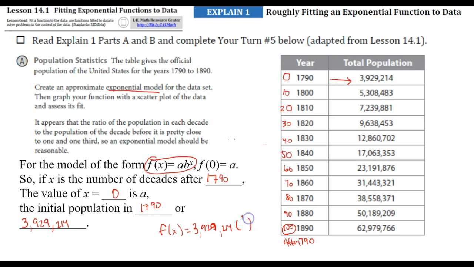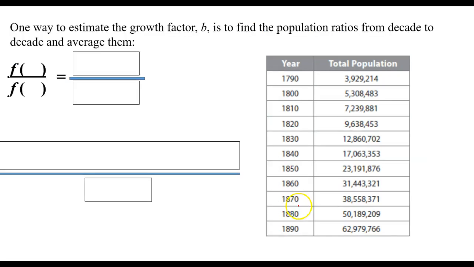And now all we have to do is find our b value, which is how much it's growing. There's a way in the textbook that they go over how to find this. They say one way to estimate growth factor b, which is what we need to finish out our model, is to find the population ratios from decade to decade and average them.